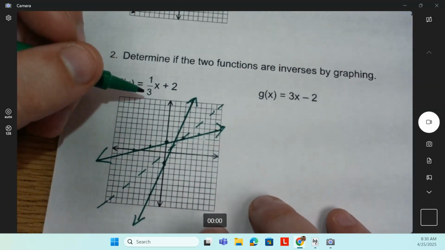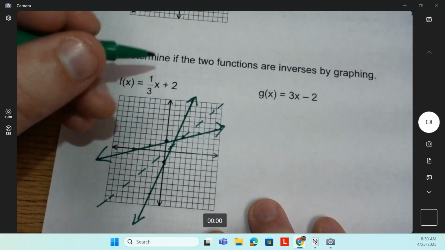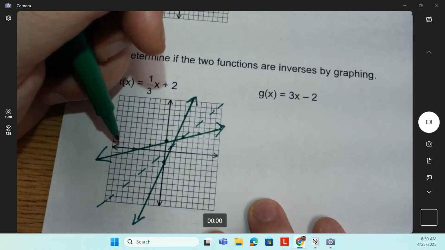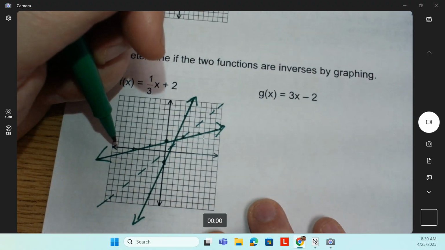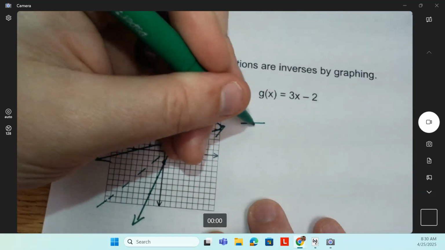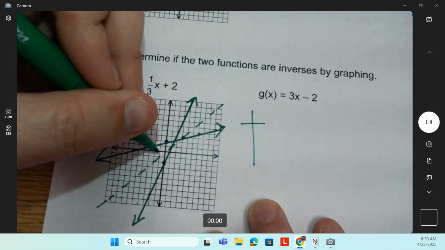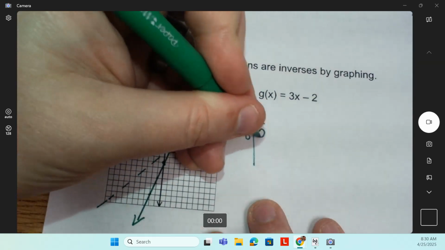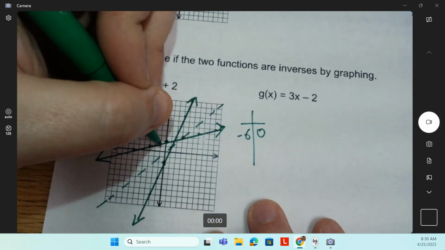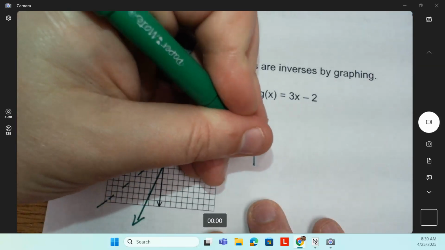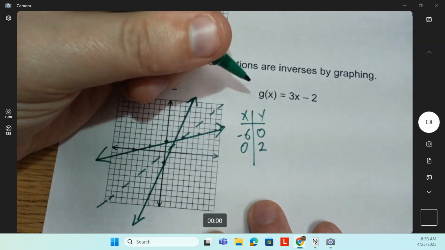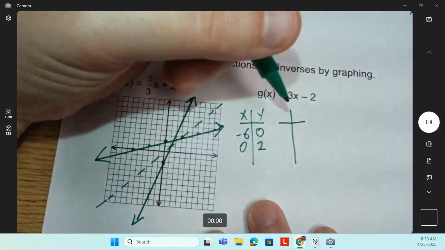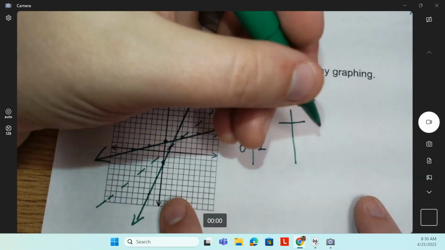I can also check points and see what I've got. Just looking at a couple of points here, we got -1, 2, 3, 4, 5, -6, 0. And I also have 0, 2. And over here, I've got 0, -2.